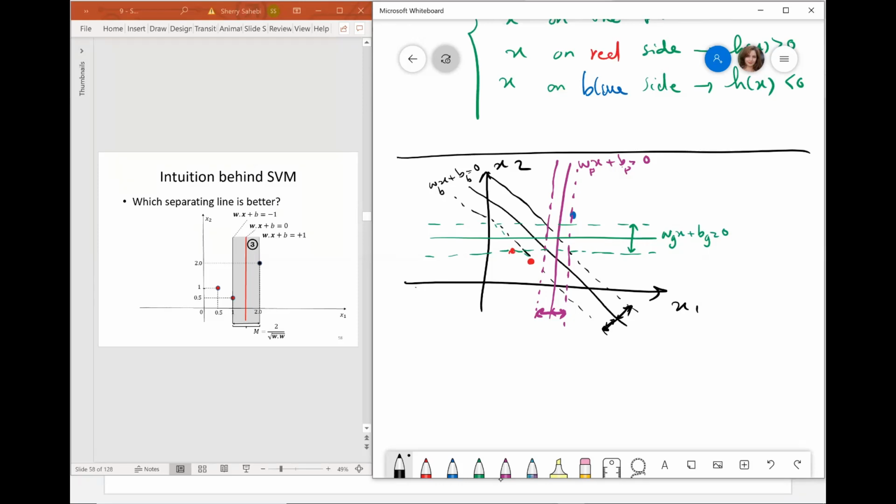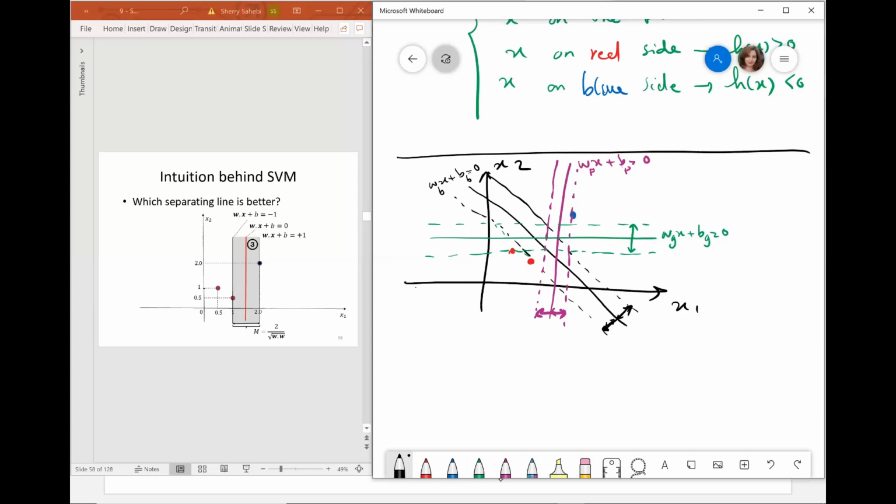So we can see that for each of these separator lines, we can draw this margin around them that are parallel to the original line, but none of the data points from either of the classes are in that margin. In the sense, we say that we have these two margins that are kind of our safety net.